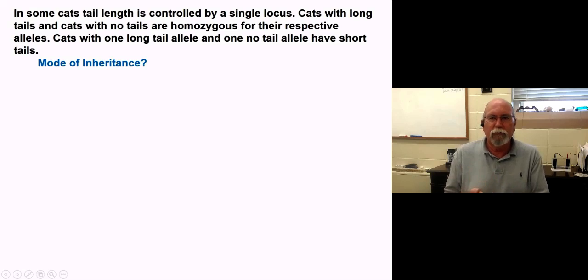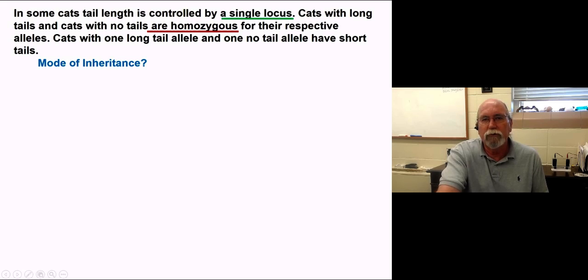Well, here you're not told whether you're dominant or not, but you are given a lot of information that lets you figure it out. First off, it says it's at a single locus. So you know you're dealing with a monohybrid system, a single locus trait, which makes it nice. You just need two alleles to do something. We're not dealing with a dihybrid or anything. And then it says the homozygous ones are either ones with no tails or some with long tails, right?